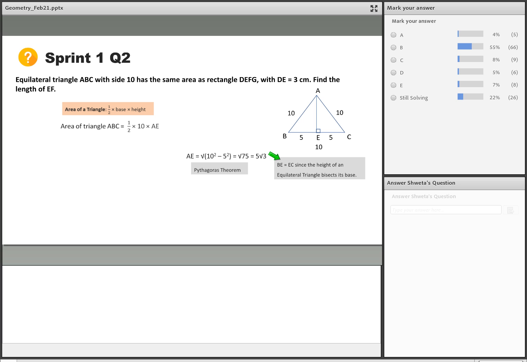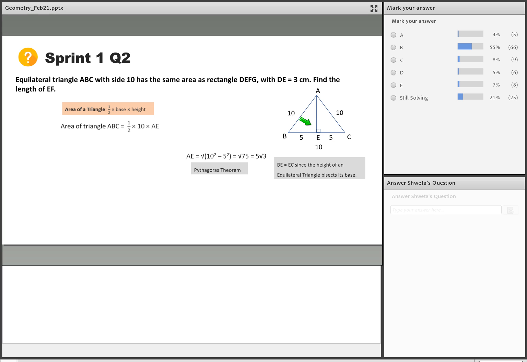Property number 1, BE and EC are going to be equal. This is a property that every equilateral triangle has. It's a characteristic property of equilateral triangles that each height bisects the base. So AE here bisects the base. So it's 5 and 5.